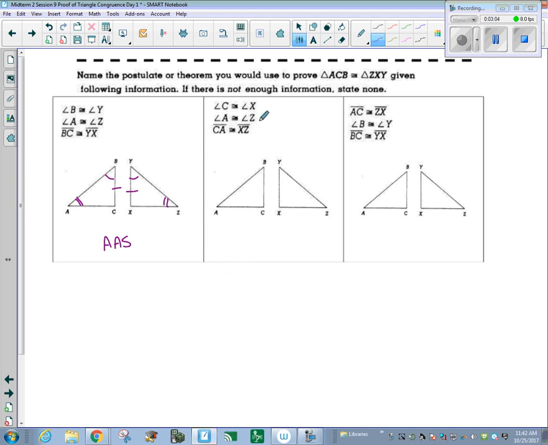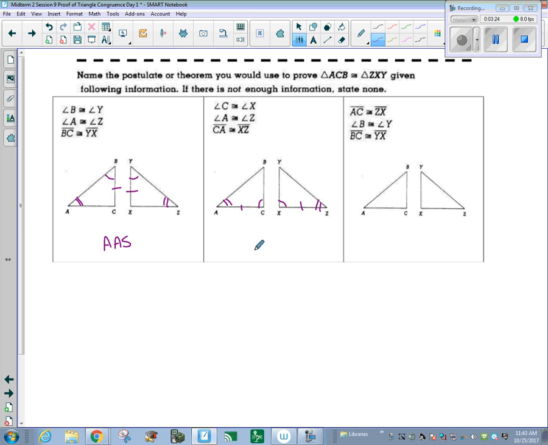In the next one here, we have angle C is congruent to angle X. Angle A here is congruent to angle Z, and we would have CA is congruent to XZ. And in this case, how would these triangles be congruent?